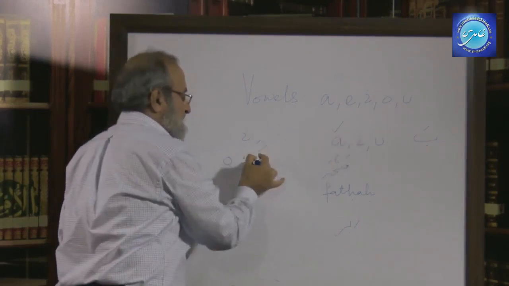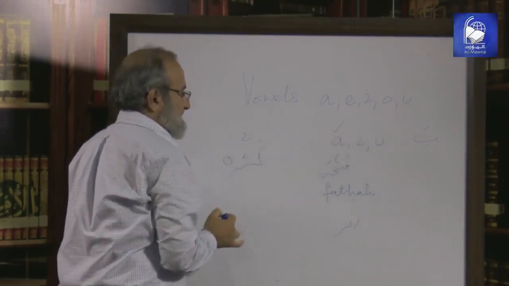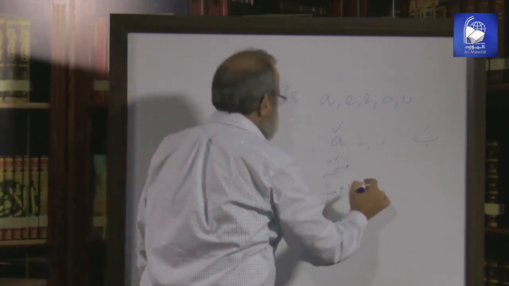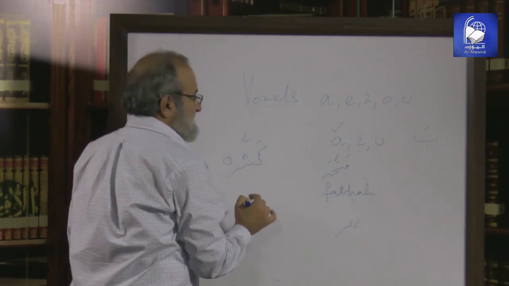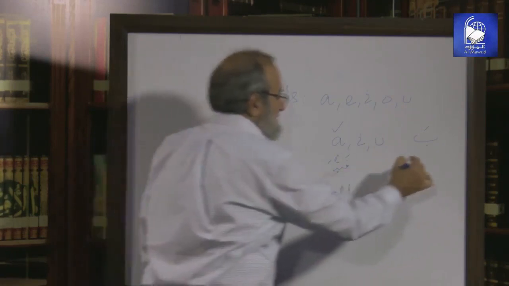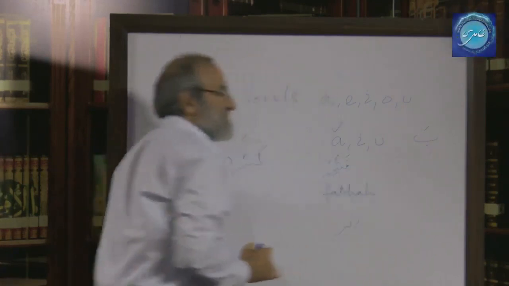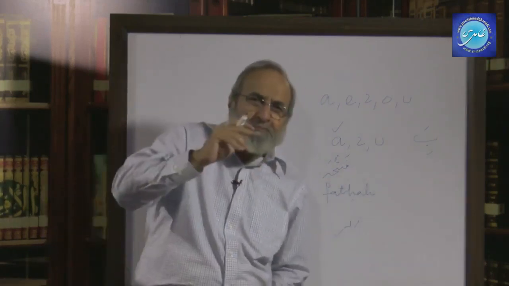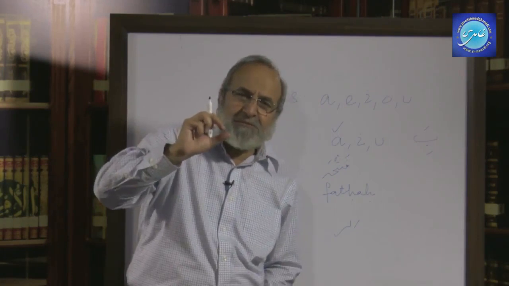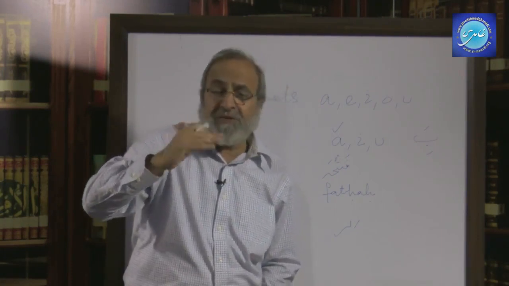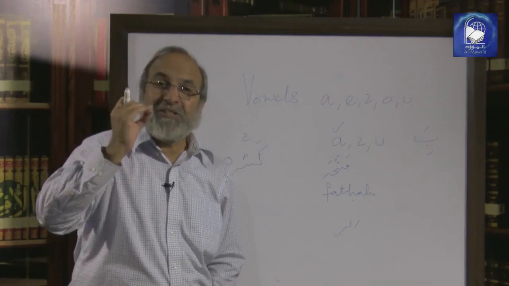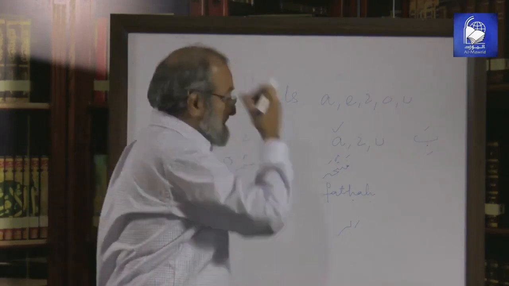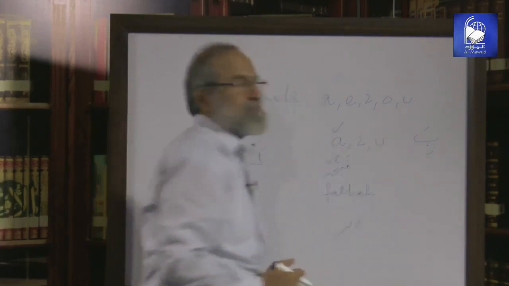So I put a vowel above, and it is kasra. So ba, but I has the symbol which is exactly the same form, same design as A, as fatha, but it's used underneath the letter. So it's bi.